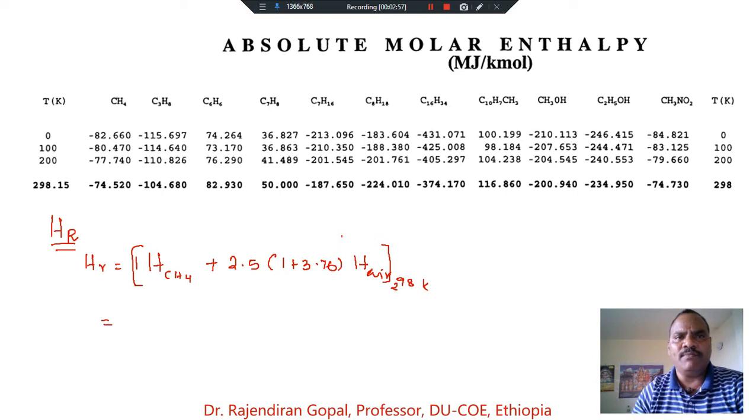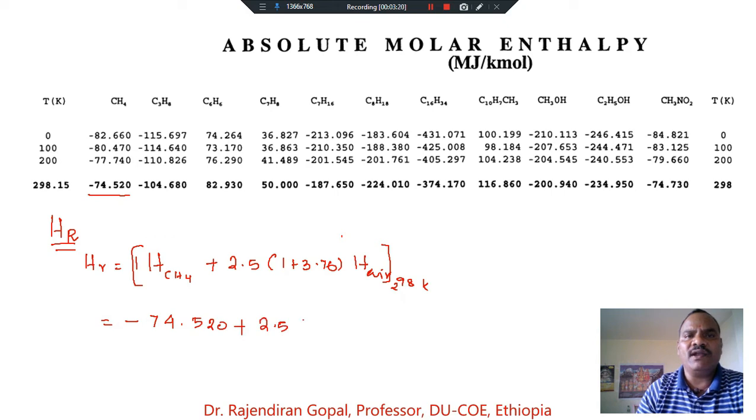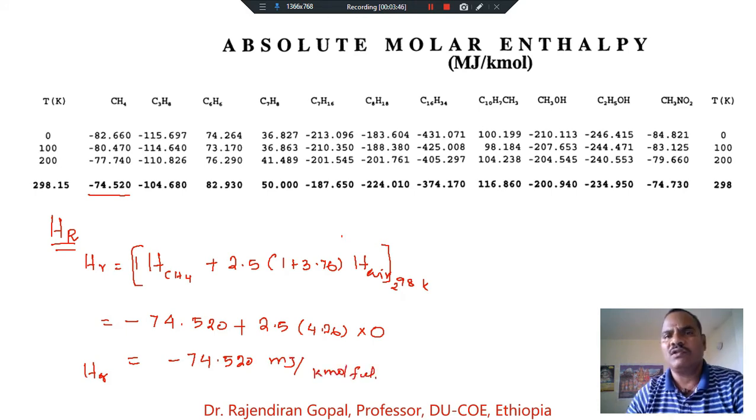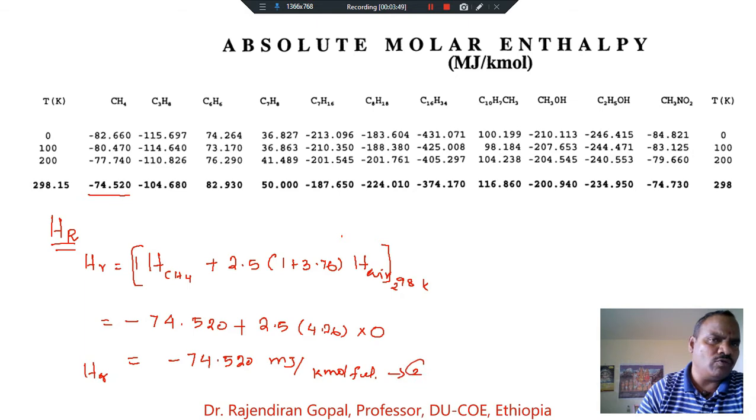From the thermodynamic table, the enthalpy of methane is equal to minus 74.520 plus 2.5 multiplied by 4.76 multiplied by the enthalpy of air at 298, which is equal to 0. We can say that the enthalpy of the reactant is equal to minus 74.520 megajoule per kilomole of fuel. This is equation 2.